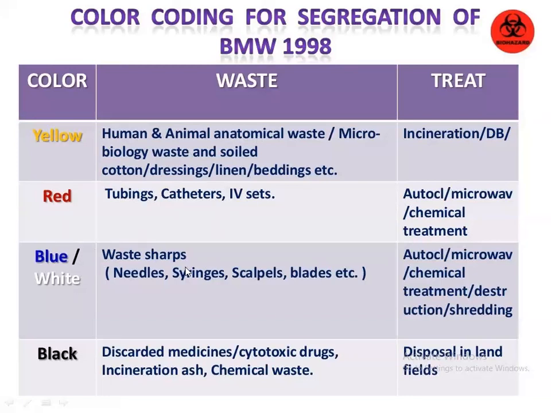For blue color, the type of waste shown is sharps. So what comes here? Needles, syringes, the syringes needed for injection. Scalpels, blades, etc. which are used for operation in case of injuries. Treatment methods are chemical treatment, autoclaving, microwaving, destruction, shredding.